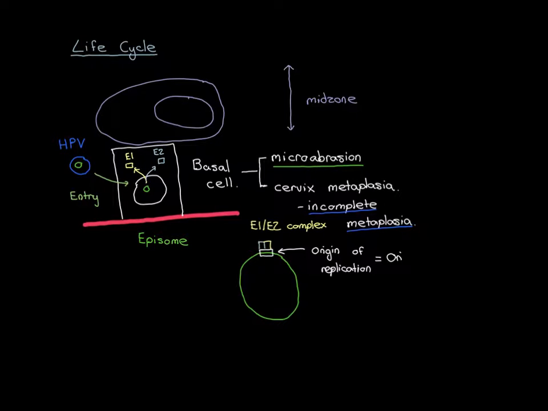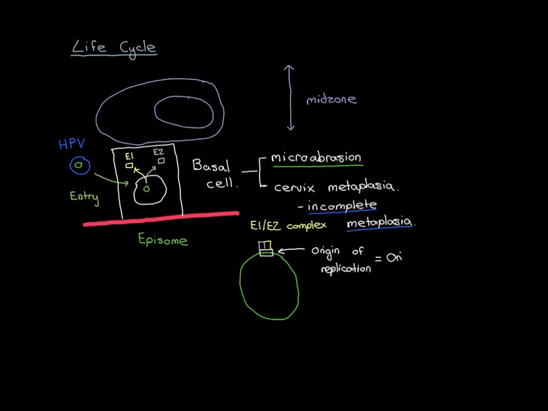Now, when the host cell divides, of course all of the chromosomes in the host cell will be copied as well, and they'll only be copied once, so that each of the daughter cells gets one copy. However, the viral genome has no such limit. It can be copied far more times than just once, so it is not the case that when the cell divides you only copy the viral genome once so that both cells get a copy.